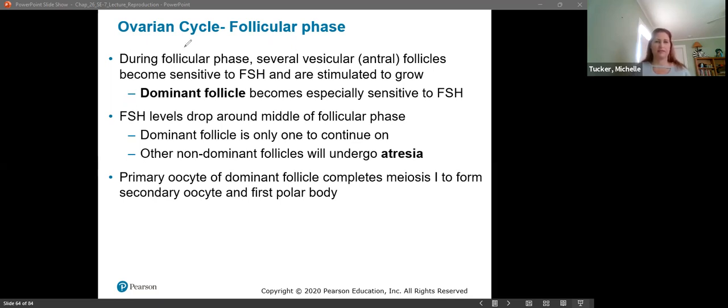So in the follicular phase, follicles are recruited, follicles mature, and a dominant follicle emerges. That dominant follicle completes meiosis 1 so that the primary oocyte becomes a secondary oocyte, and then a first polar body is given off. Between the follicular phase and the luteal phase, we're going to get ovulation.